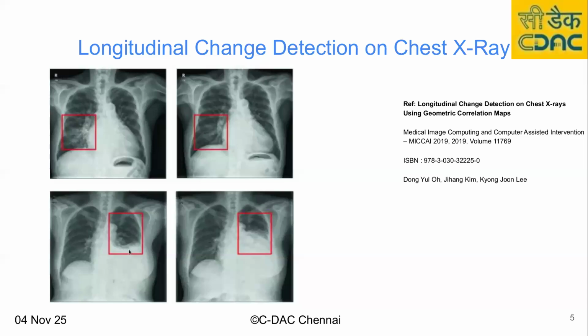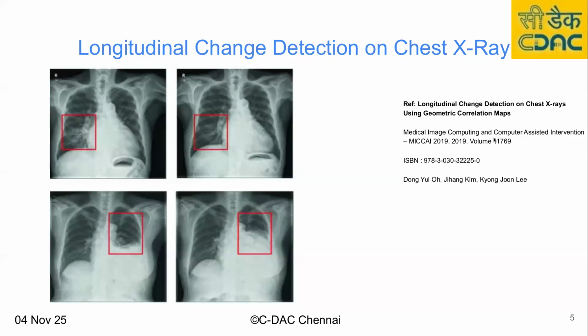And here you can see that at the beginning, the baseline X-ray doesn't have a mass, but after 3 months when they take the X-ray again, we are seeing a mass here. So these can be detected by using computer-assisted interventions, and they are possible.